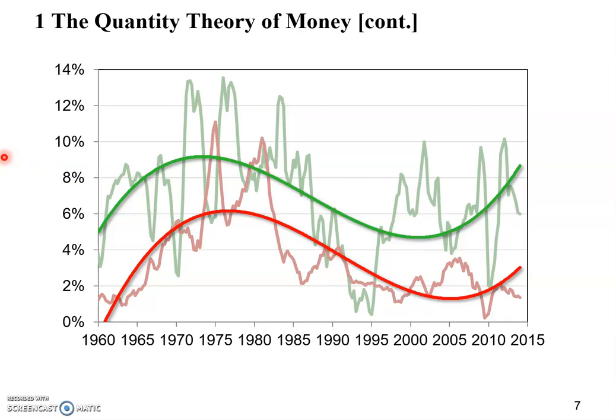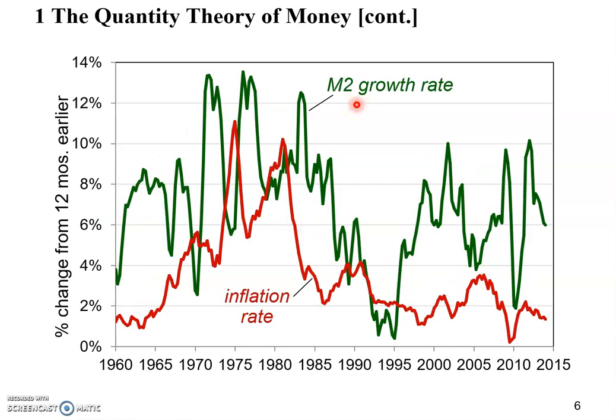Now, let me briefly explain why in the short run these two could be different. This is because on the money market, the Federal Reserve, which is the central bank of the U.S., conducted so-called counter-cyclical monetary policies.